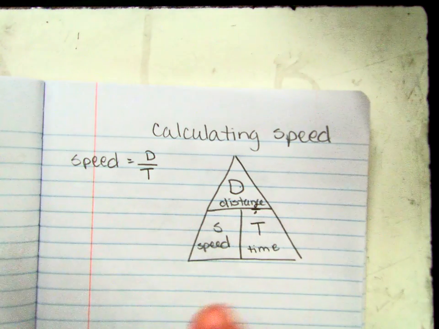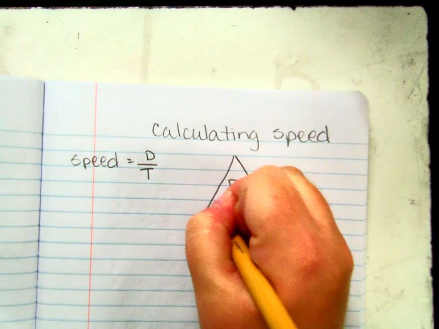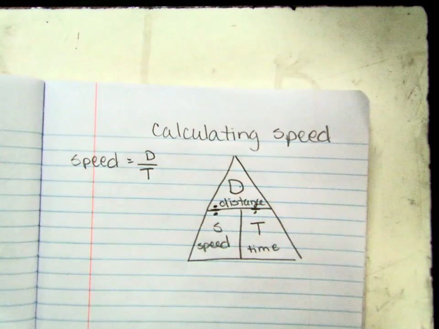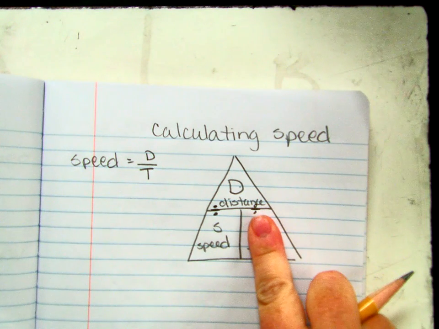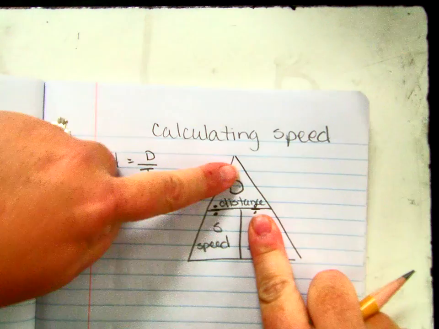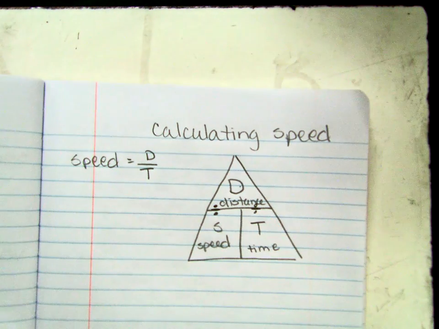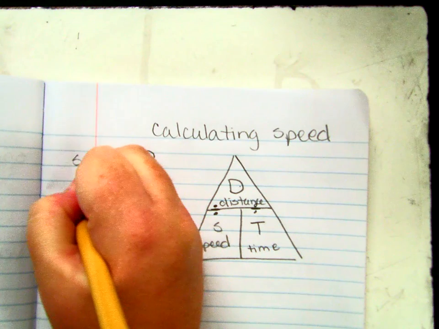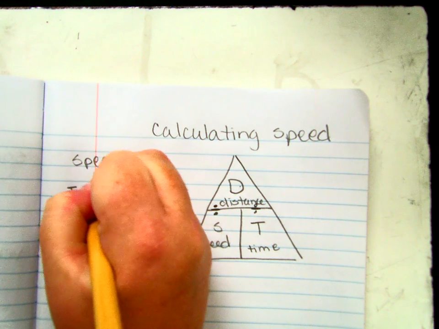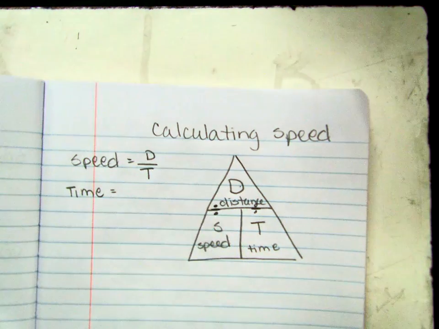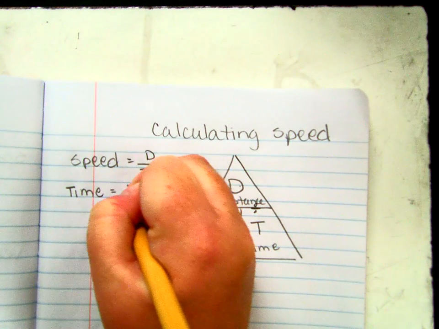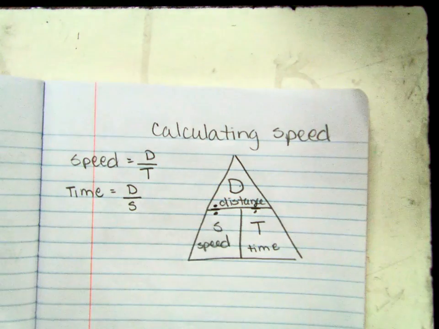And remember, it's like a fraction, so this means to divide. So my equation for finding time is distance divided by speed. So let's add that one over here. Time equals distance divided by speed.